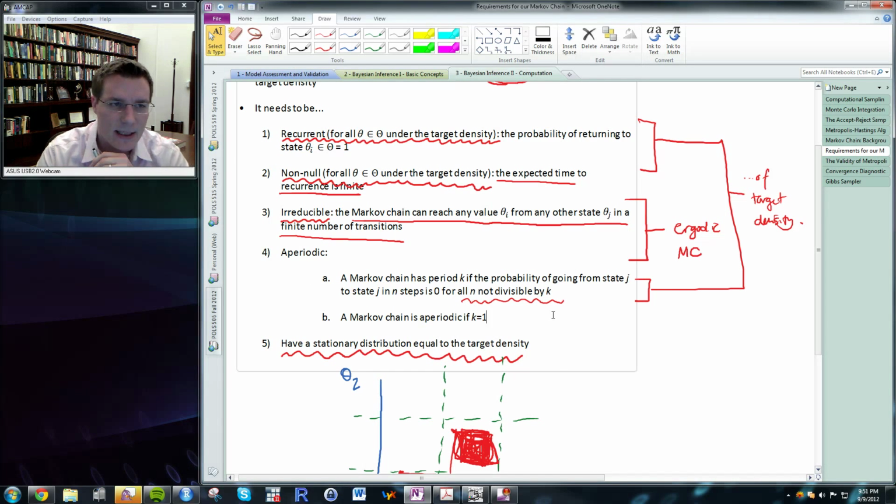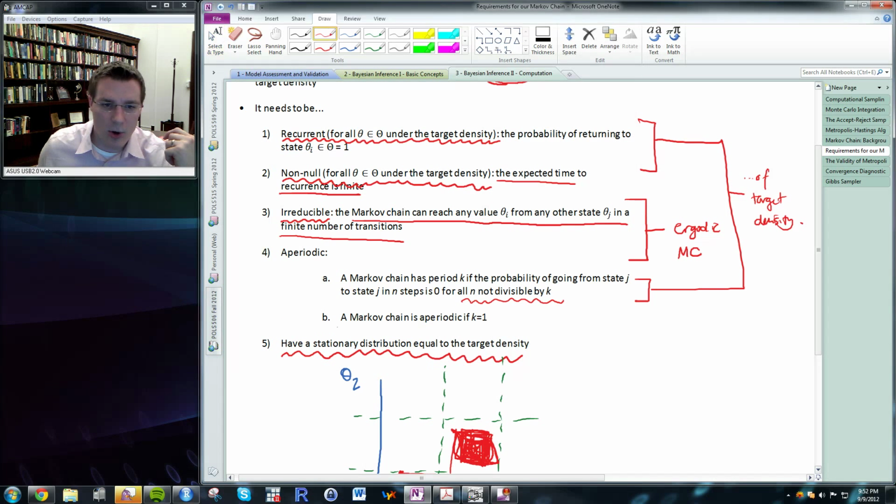What that means is that if, for example, I can only get to a particular state of a Markov chain every 3 iterations of the chain, that Markov chain has a certain cyclicity to it. It's been set up in such a way that I can't reach anywhere in the proposal density at any time. I have to wait for a certain recurring periodic cycle to occur.